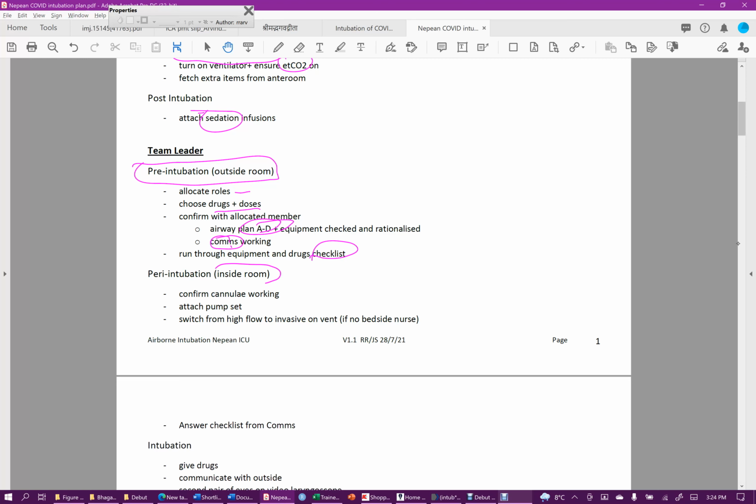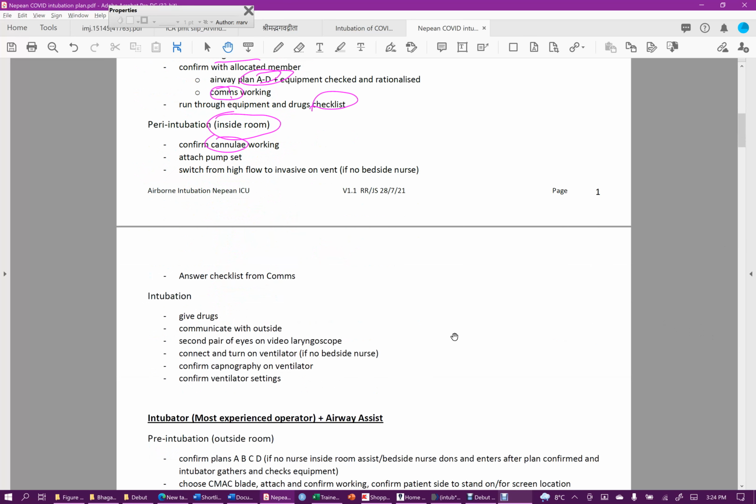During the intubation, they're inside the room, and they're going to confirm that the IV access is working. If there is no bedside nurse, this person can be responsible for switching on and connecting to the ventilator.